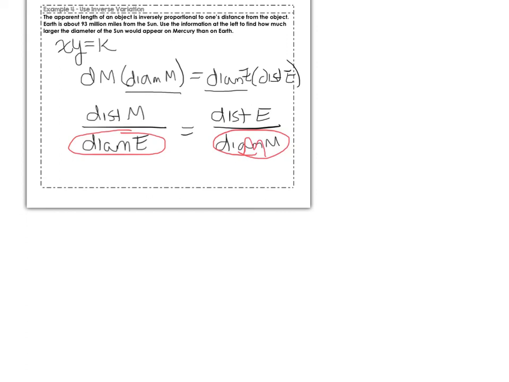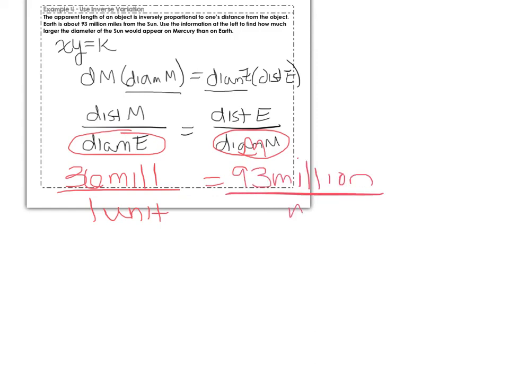So the distance for Mercury, this is going to be our 36 million miles. We're going to let it be over 1 unit for whatever our diameter is going to be. Distance from Earth, that's that 93 million number. And we divide that by m, okay? So what we're really doing here is we're solving for m. So what essentially you do here is cross multiply.